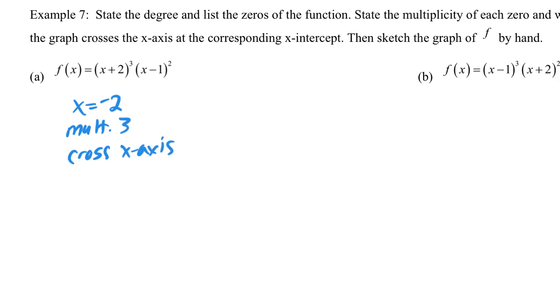So at x equals -2, when I sketch the graph, I'm going to cross through the x-axis, and I know it's going to flatten out because the multiplicity is 3. Then I have x minus 1 squared, so my other 0 is at x equals 1. It's squared, so the multiplicity is 2. And because the multiplicity is even, it's going to just be tangent, or touch the x-axis.